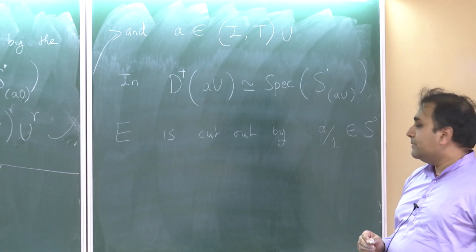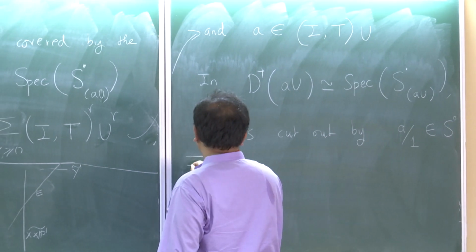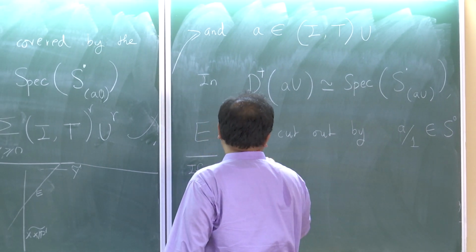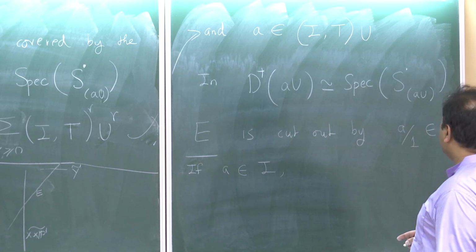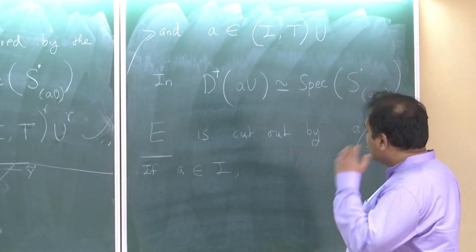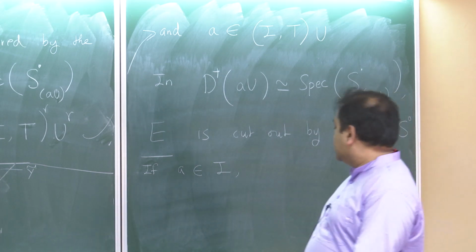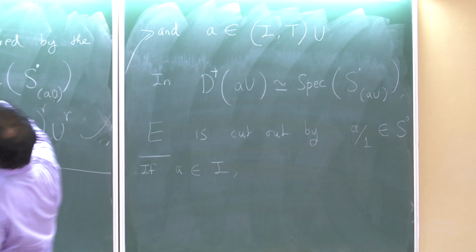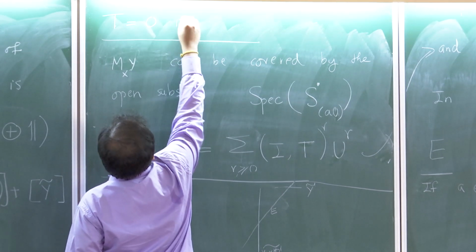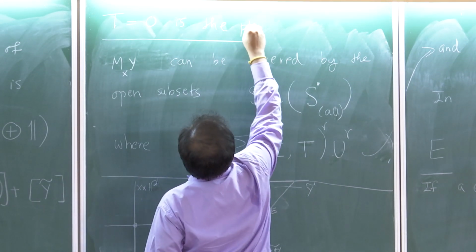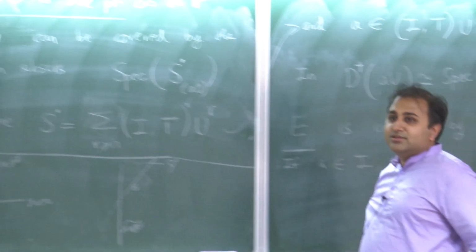In particular, if a is in I, then the local equation for E is a over 1. Sorry, t is the coordinate of p1. Infinity is given by t equal to 0. So t is the parameter at infinity.